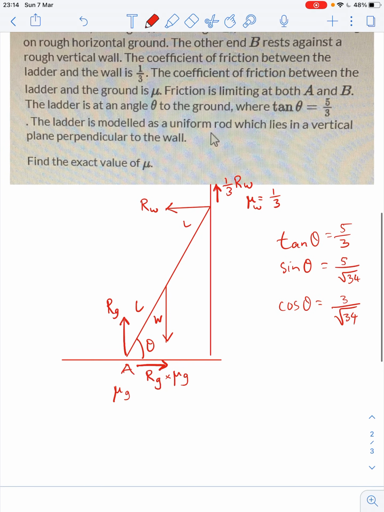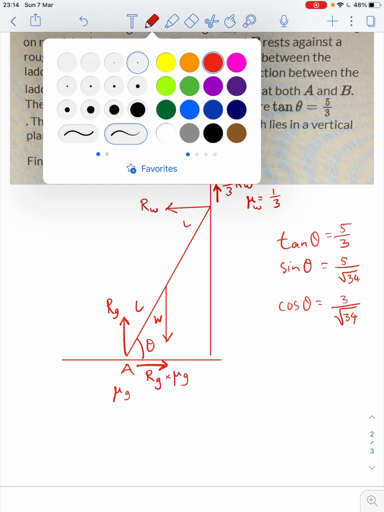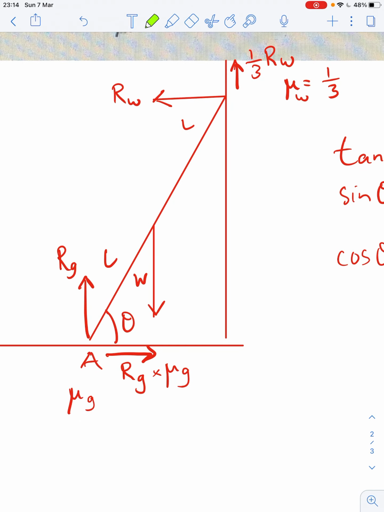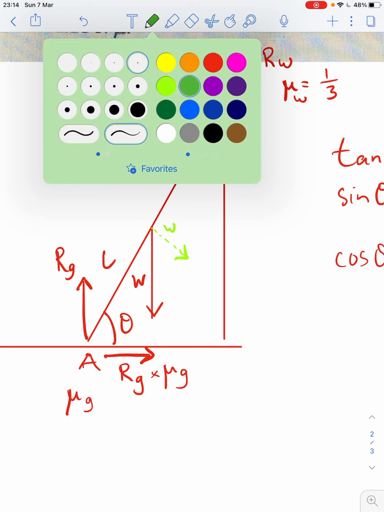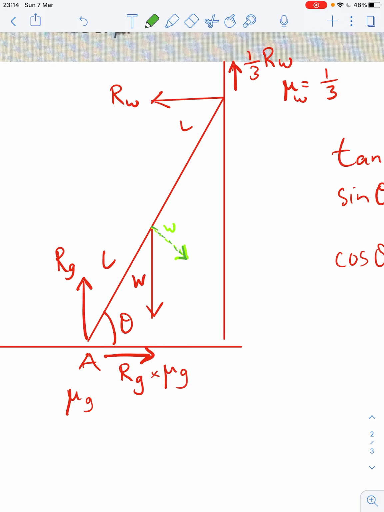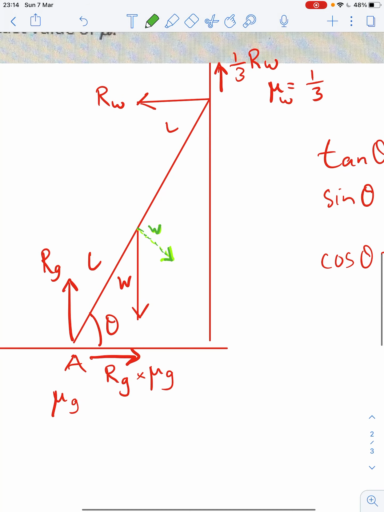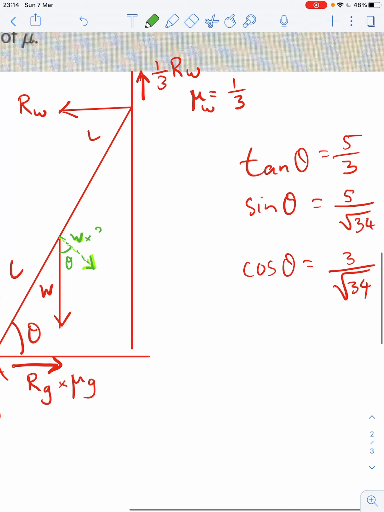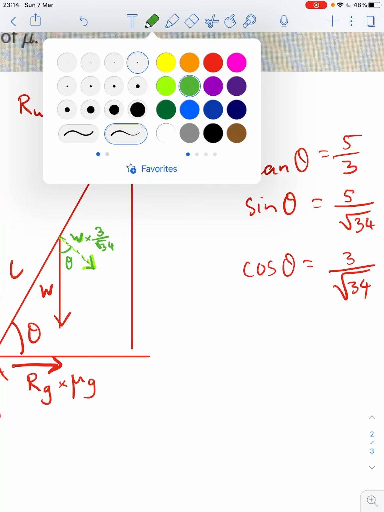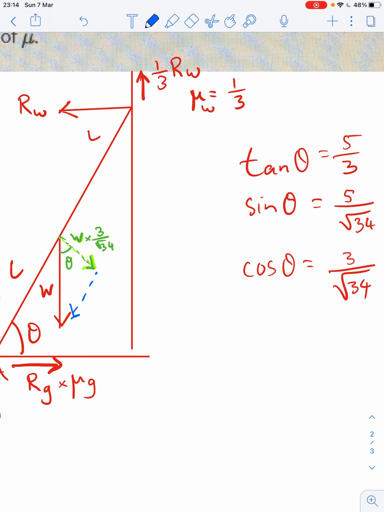Okay, we've got some other forces going on, so I'm going to start going for some different colours now. Let's break this down. This is going to be W, and theta will also be here, so W cos theta, so W times 3 over root 34. And I'm going to go blue. W times 5 over root 34.